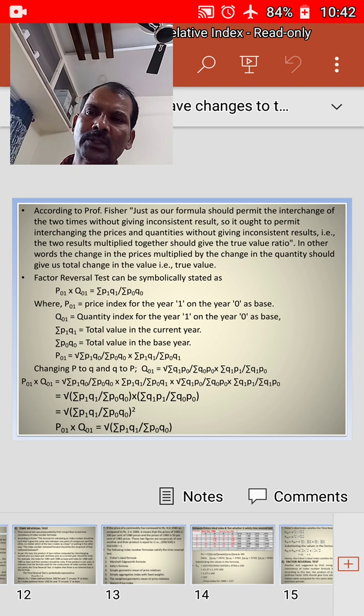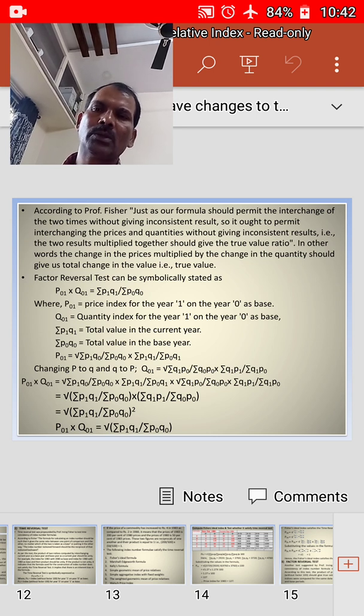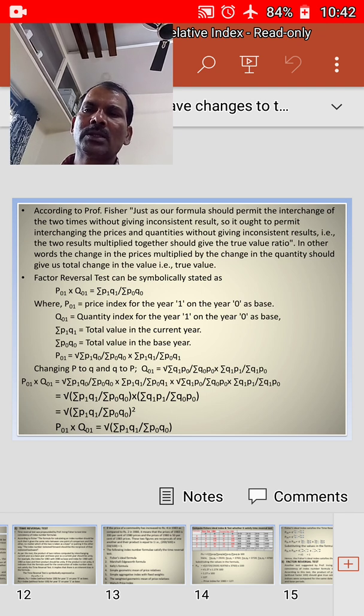Let us see how Fisher's ideal index satisfies the test. P01 is given as the square root of (sigma P1 Q0 by sigma P0 Q0) into (sigma P1 Q1 by sigma P0 Q1), without the factor 100.